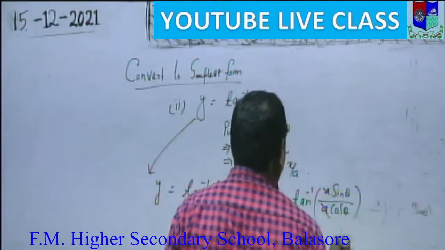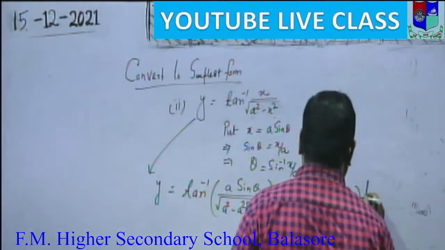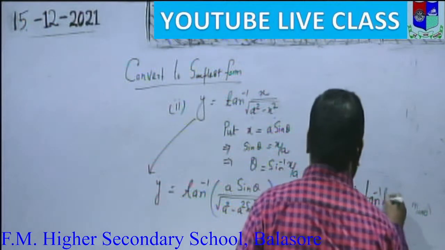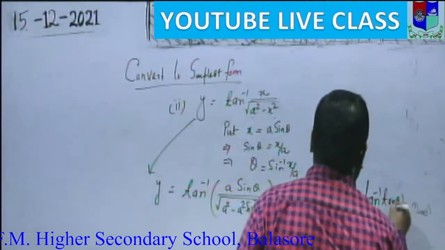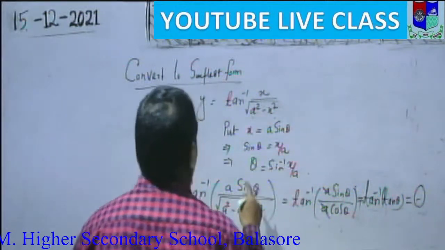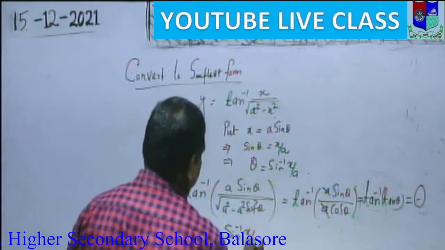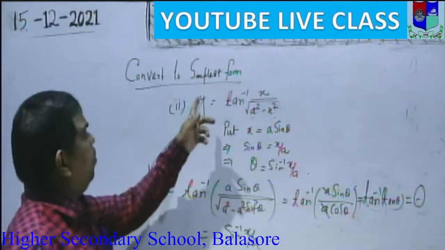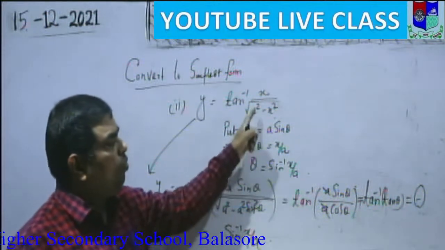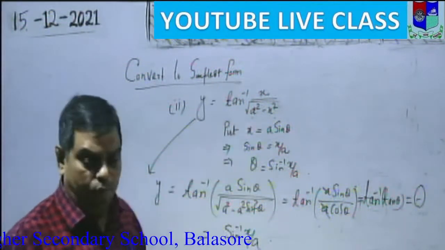The a cancels, giving tan inverse tan theta. That is only theta. But what is theta? Theta is sin inverse x by a. So y is tan inverse x by root over a square minus x square, and its simplest form is sin inverse x by a.